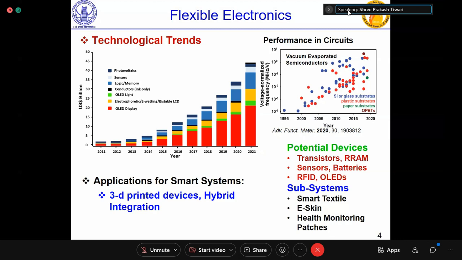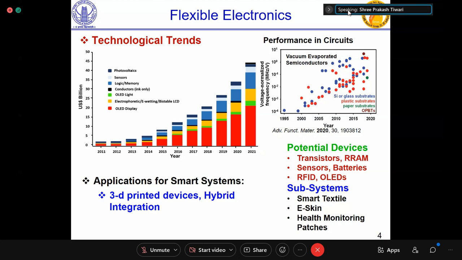And what could be subsystems? Subsystems could be, say, smart textile, where you have a smart cloth which is sensing various things, which is trying to harvest the energy and so on. Electronic skin can be there. Other robots which are being made, they need some skin, right? But that skin has to have functionality of, say, temperature sensing, force, flexibility, stretchability, and all those things.